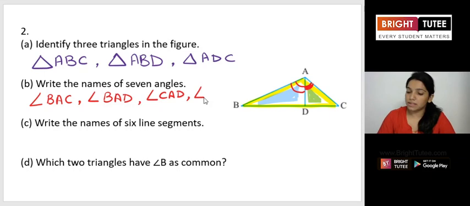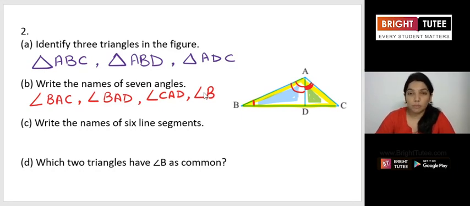So the 4th one is angle B here. Now either I can write the name of this angle B as CBA or DBA or angle ABD, or I can write it as angle ABC, or in the simplest way I can write it as angle B. Why?